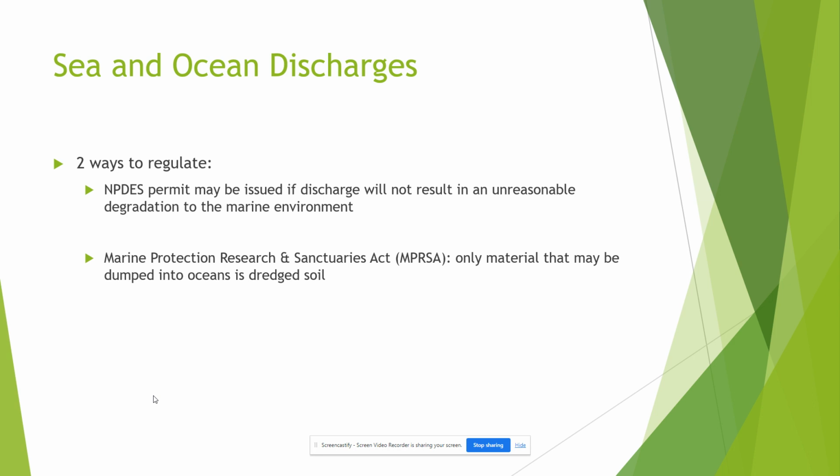So if it's minimal, or whatever you're discharging is kind of no big deal, you might be able to get a permit to discharge into a sea or ocean. But really not. The Clean Water Act is not how this is done.